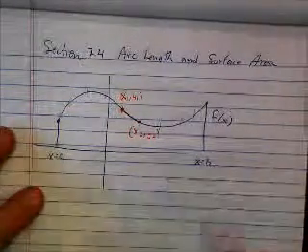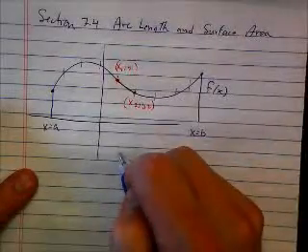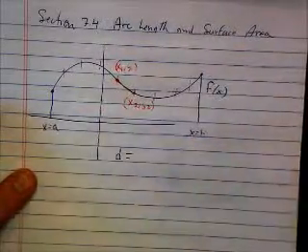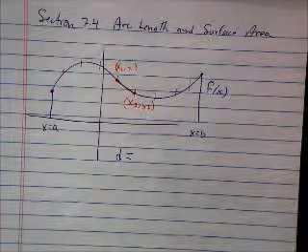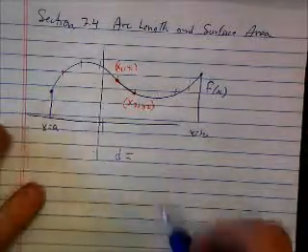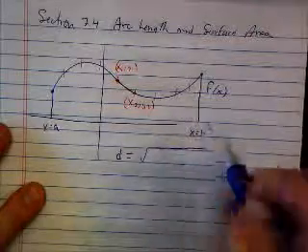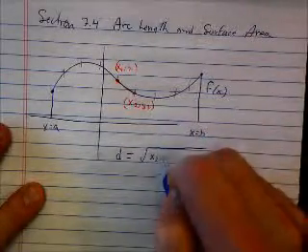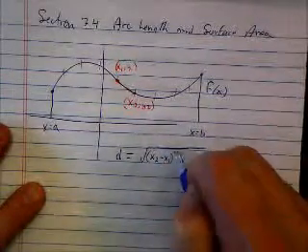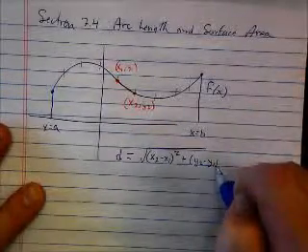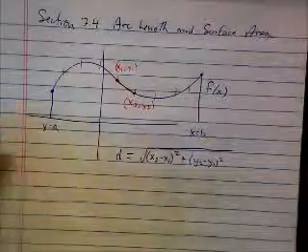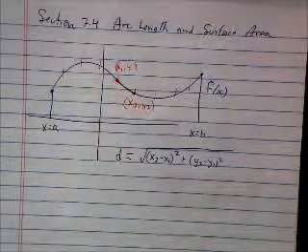So the length of that nice straight line, what's the distance formula? Square root of x2 minus x1 squared plus y2 minus y1 squared. Very good. So that's how I would find the distance of one little piece.